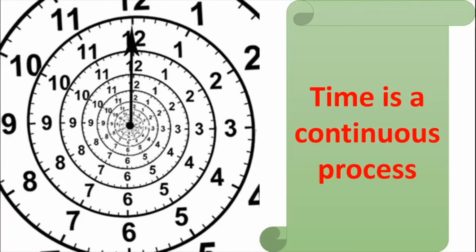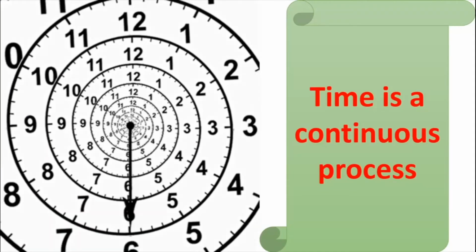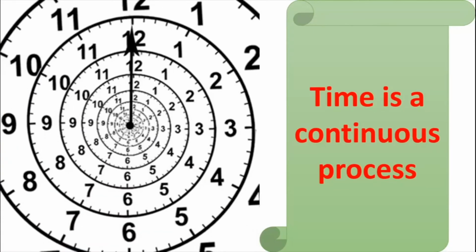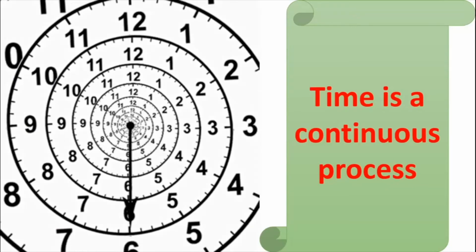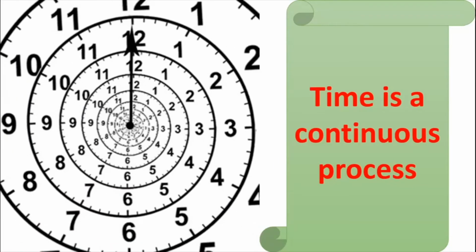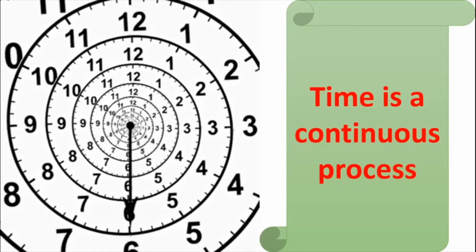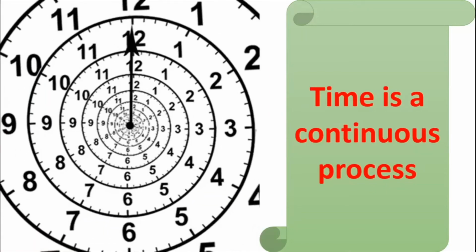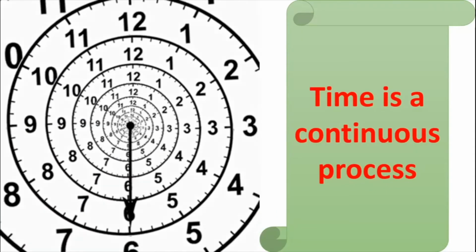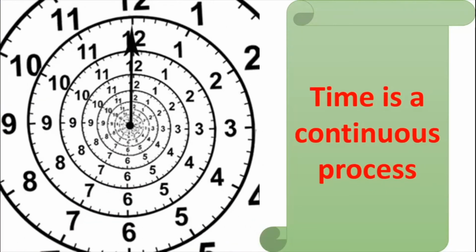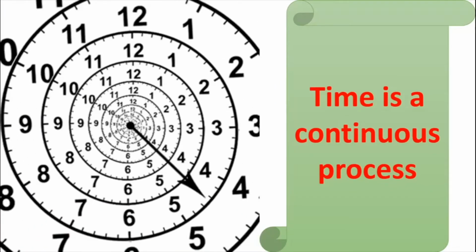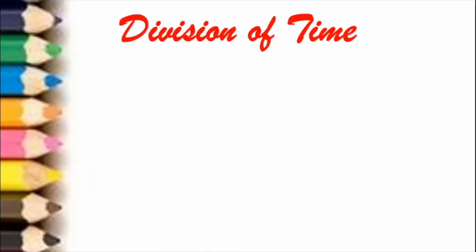So when you want to understand something which has happened in the past, you should go to yesterday, you should go to last week, you should go to last year, isn't it? So that is why it is very important for us to understand how time is divided. So come on, let's see how time is divided.